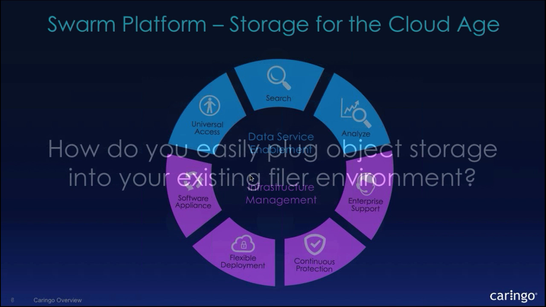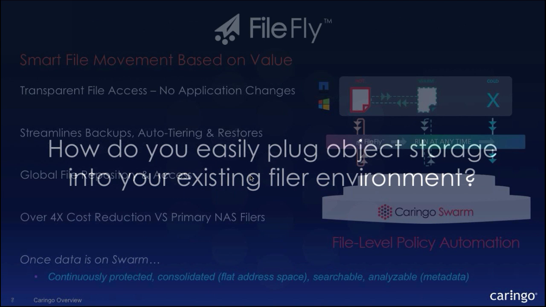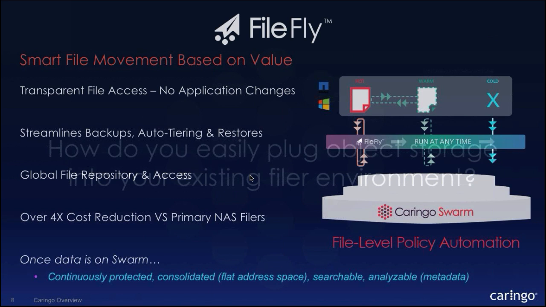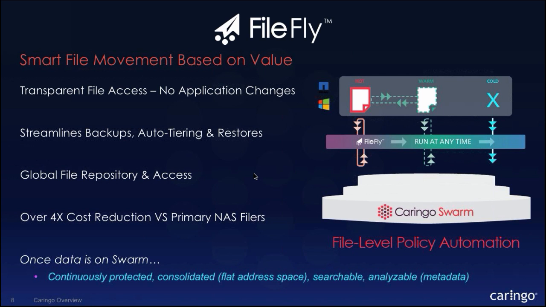That's where you see the analyze section there. But it always leads to the question, okay, you have this great object storage platform. How do you easily plug object storage into your existing Filer environment? We experience this question over and over again. At first, we came out with a file system emulation layer, but there was always a performance issue.